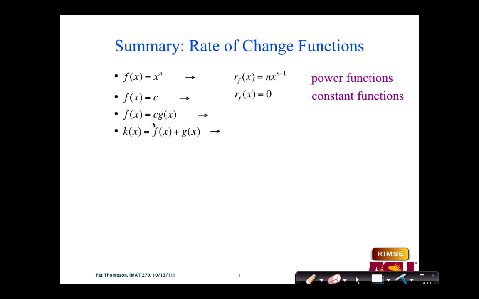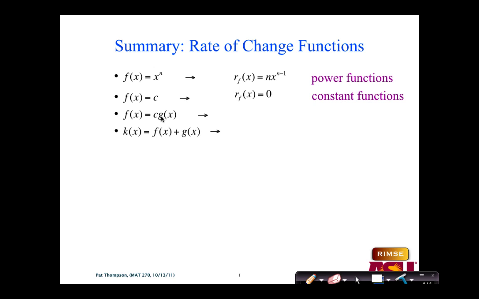Now we did talk about the concept of, well, what if I have a constant multiplied onto the front of some other function? These top two rules here are talking about a specific type of function, a power function, or a constant function, which you could pretend is power 0, and it would work out this way. That's just not really what's going on.